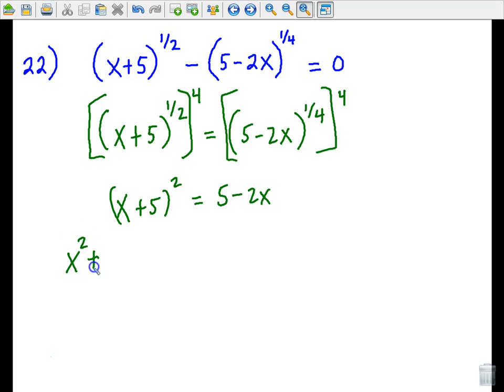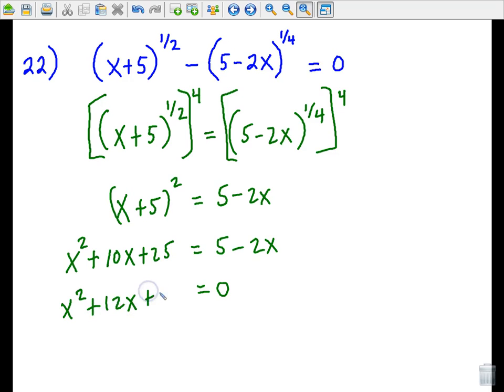We've already done this. We've squared x plus 5 already, so you remember what that is? Yep. Set it equal to 0. What's the factoring here?